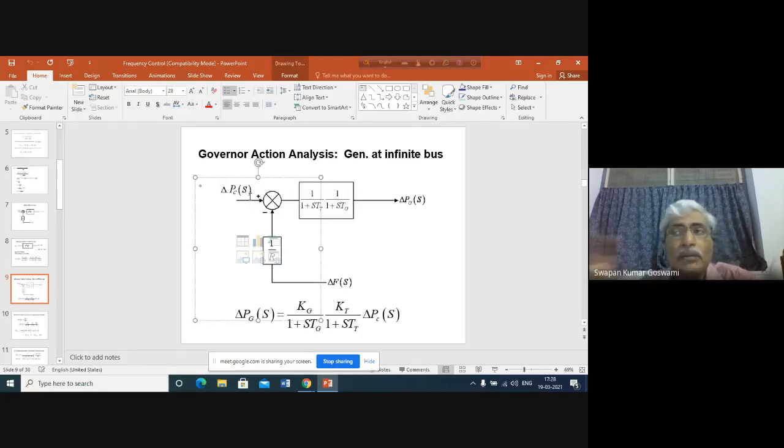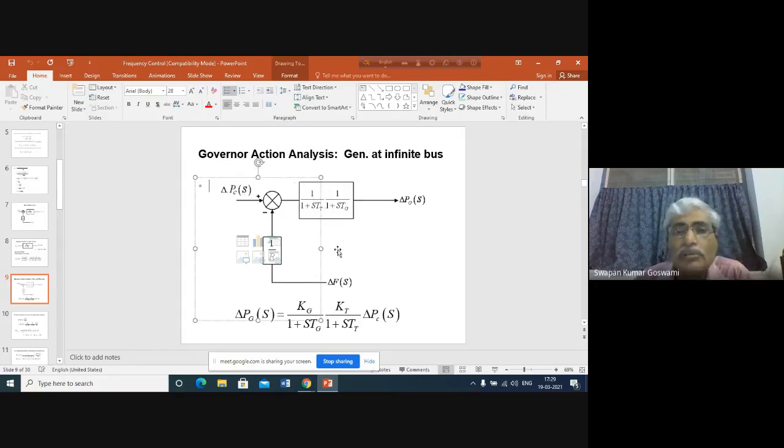Okay. Now, at this stage, before we represent generator and load, and the total power system, we shall now investigate some of the operation of this turbine and generator together.